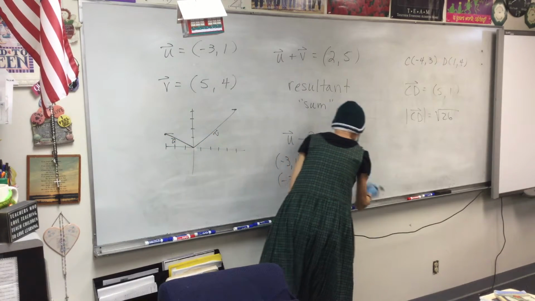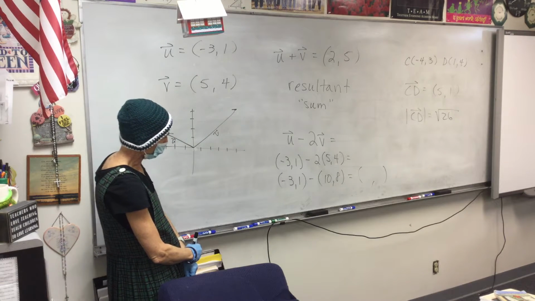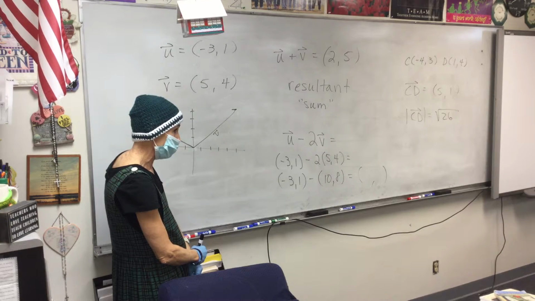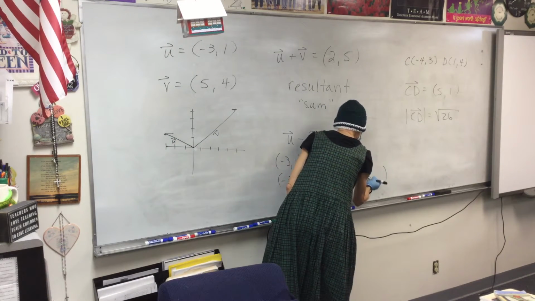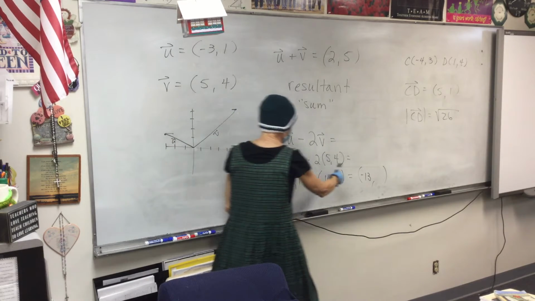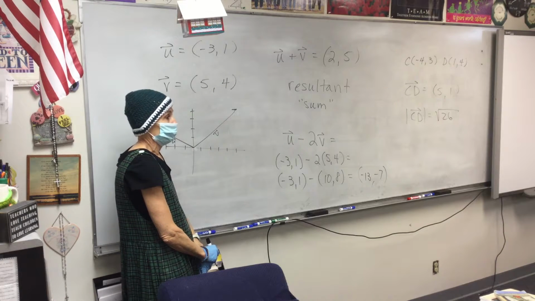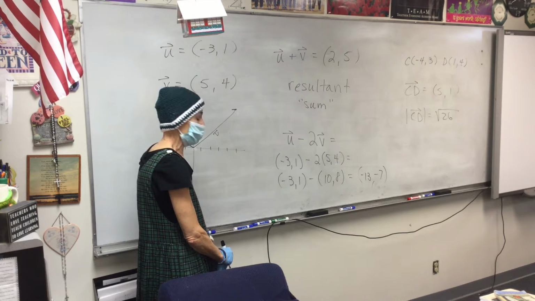And then what do you think the answer is? Are you ready to take a wild guess at that? Watch your arithmetic. What is it? Negative 13 and negative 7. Remember how we added?